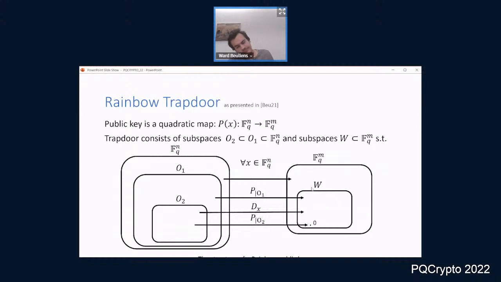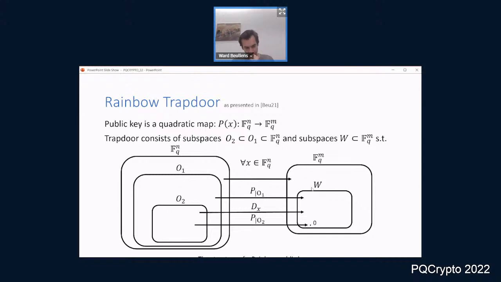The trapdoor structure of Rainbow is a little bit more complicated than that of oil and vinegar, but you can still explain it in terms of some secret spaces. With oil and vinegar, you only had one oil space, and now with Rainbow you have two.